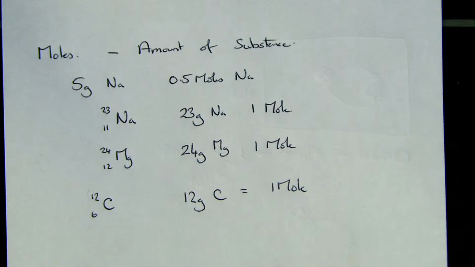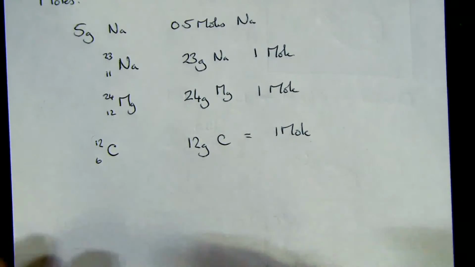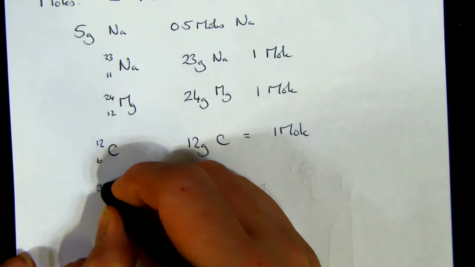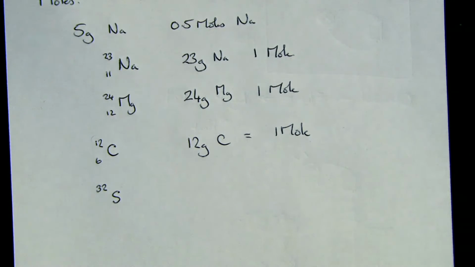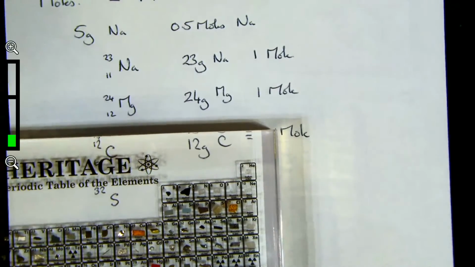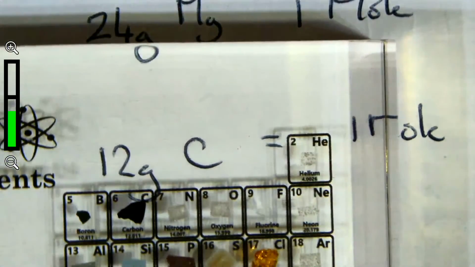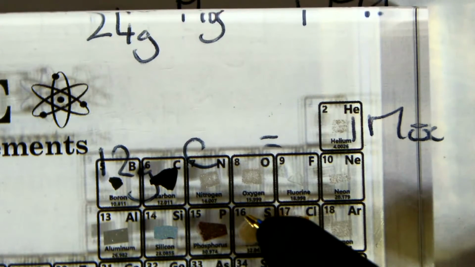Well, let's grab a different substance. Let's grab hold of some sulfur. So I've got some yellow sulfur in here, 1 mole of sulfur, which is a mass of 32 grams. If we just grab the periodic table to have a look, here we are, some sulfur down here, and it's got a number of 16.